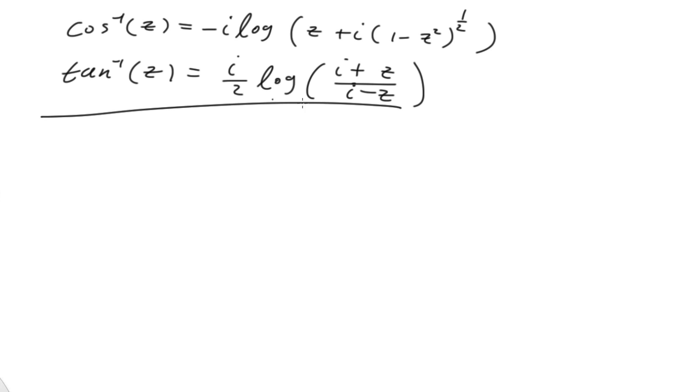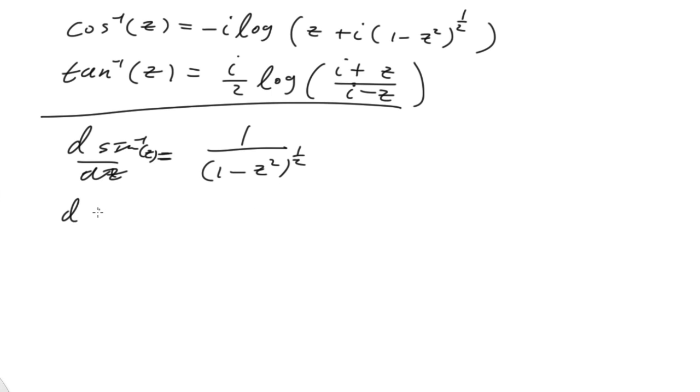All right, and you could derive all of these if you wanted to go through the process, but we'll just state them as definitions. And likewise, log is analytic over its domain once you choose its branch, and of course, tangent inverse is analytic over its domain when you choose a branch for log as well. At any rate, because these are analytic functions, we can take derivatives. So d of sine inverse dz is a standard result, just like what we've seen before in your calculus class, and d cosine inverse z dz is equal to minus 1 over the square root of 1 minus z squared.